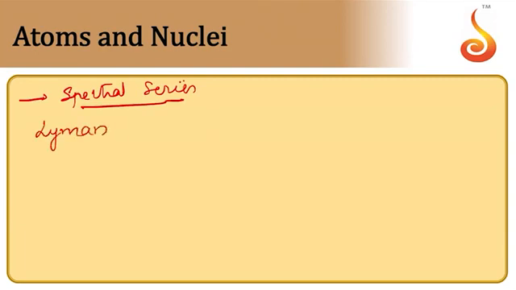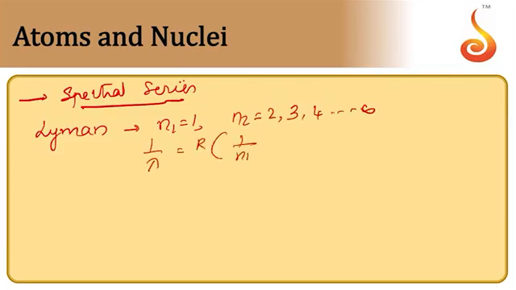First is the Lyman series. The Lyman series corresponds to N1 equal to 1, N2 equal to 2, 3, 4, etc. up to infinity. We can write 1 by lambda is equal to R into 1 by 1 square minus 1 by N2 square. This lies in the ultraviolet region of the electromagnetic spectrum.